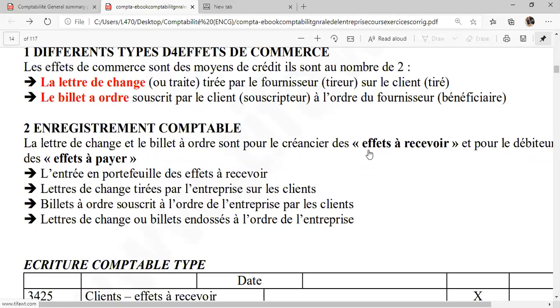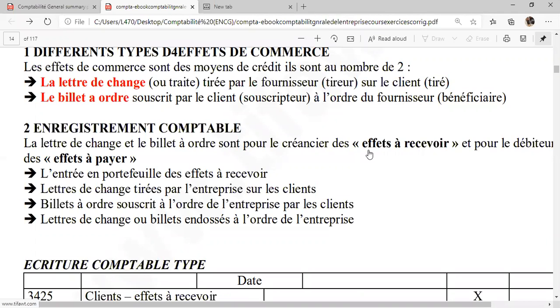So like I was saying, for a transaction which reads something like a client paid off his debts by an effet de commerce by means of check, the check is what lost money. We used our money in the bank, so our money in the bank decreased.